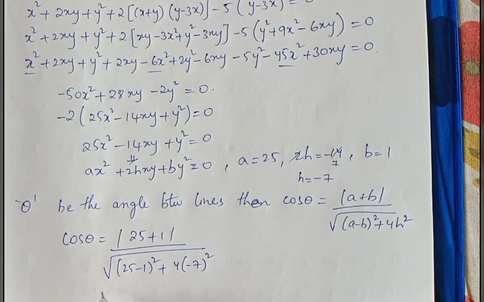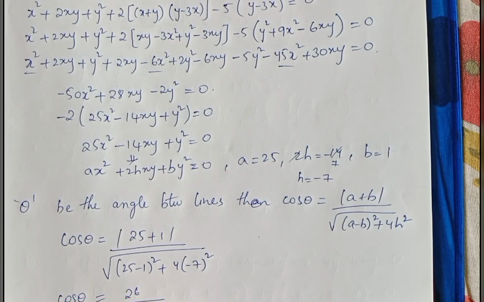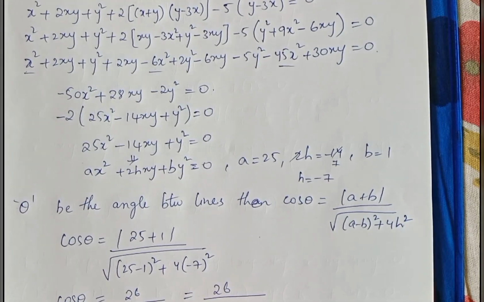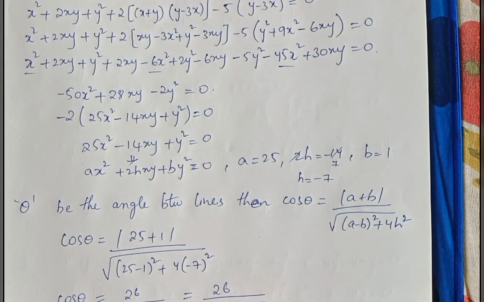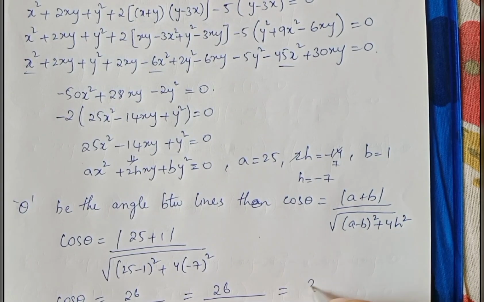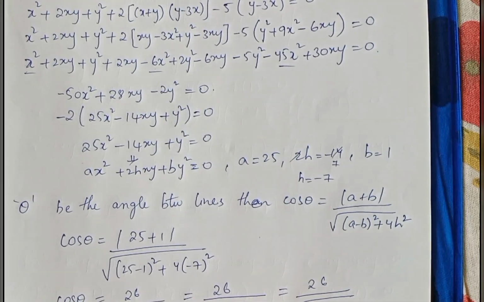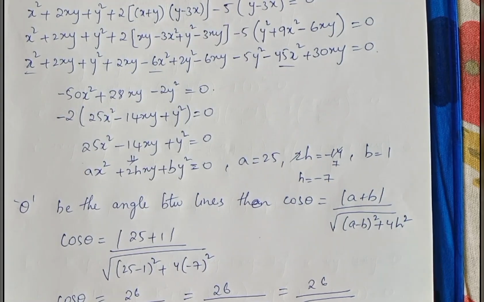So cos theta is equal to 26 by root 24 square plus 4 into 7 square, 49, equal to 26 by root 24 square is 576 plus 4 into 49 is 196. When we add both, it is 26 by root 772.